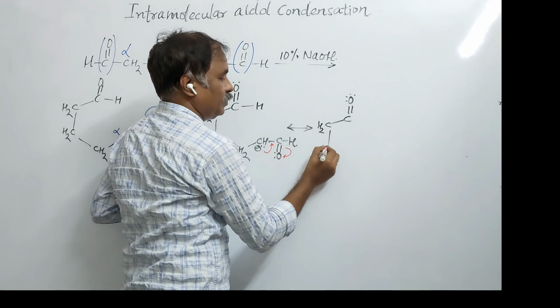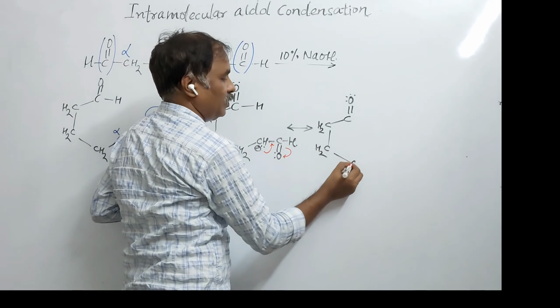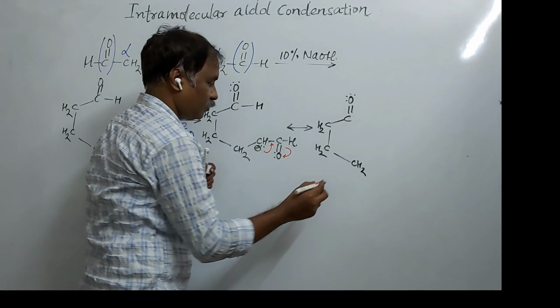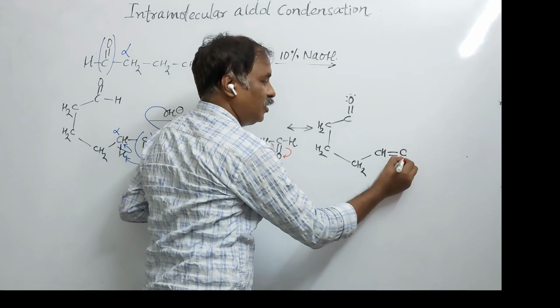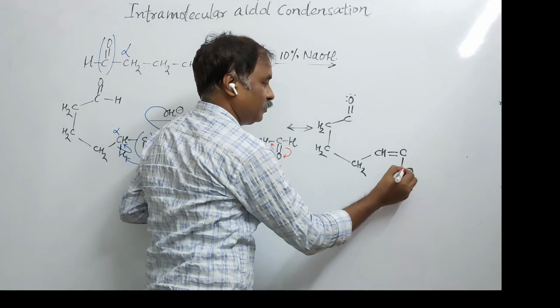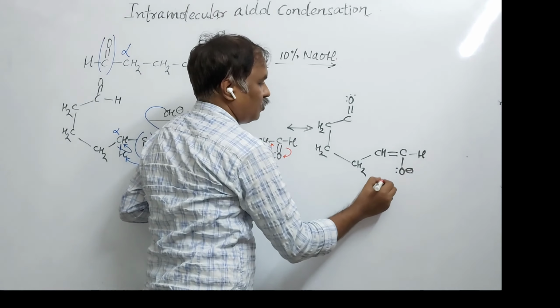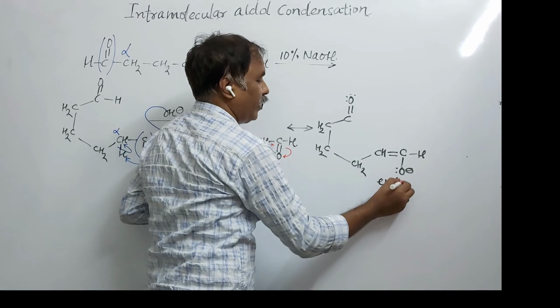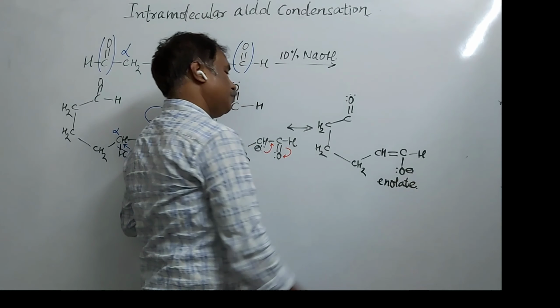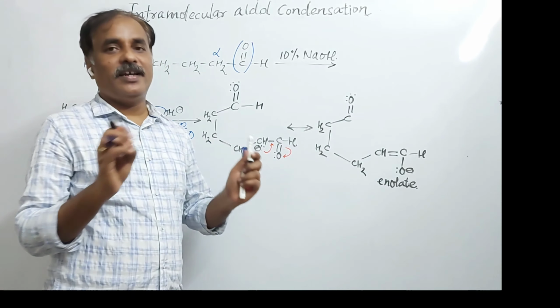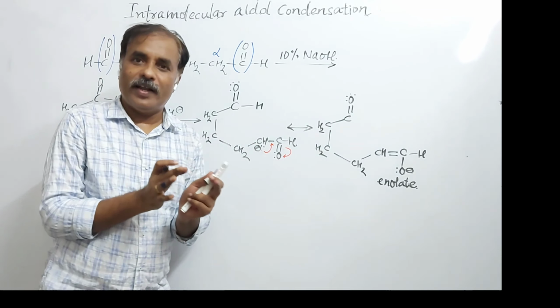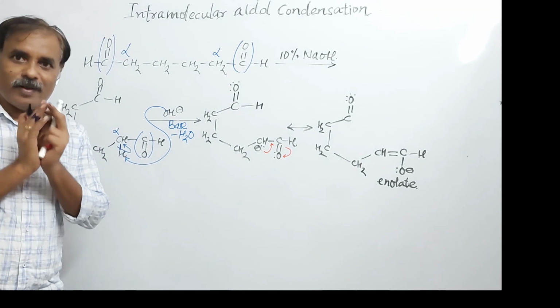Here the chain has CH2, CH2, CH2, and now CH double bond CO minus. This ion is said to be the enolate ion. This stabilizes the carbanion. We have seen factors affecting stabilization of carbanion.